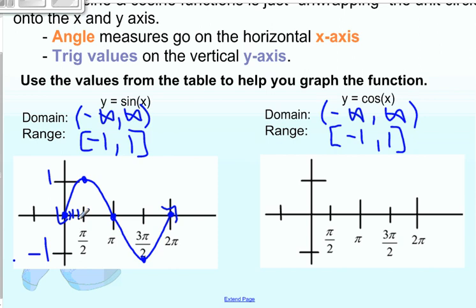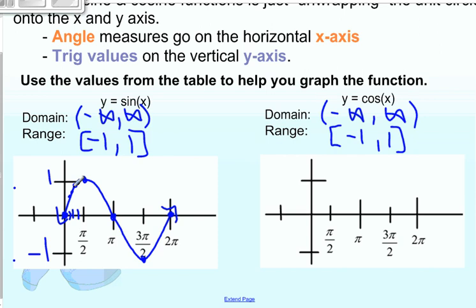The first one is pi over 6, and that value for sine was 0.5, so it's halfway up there. And then the next one is at 0.707, so just slightly higher. And then pi over 3 is again slightly higher at 0.866. So they just follow along the curve, just to keep that in mind.